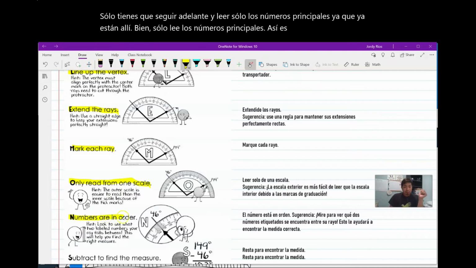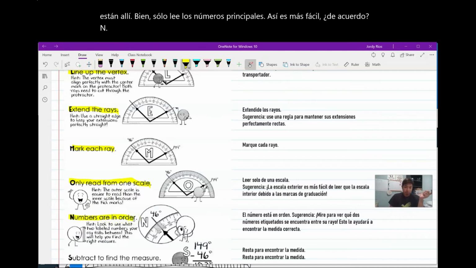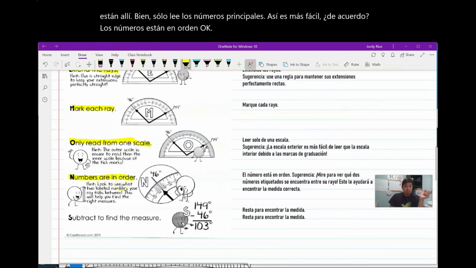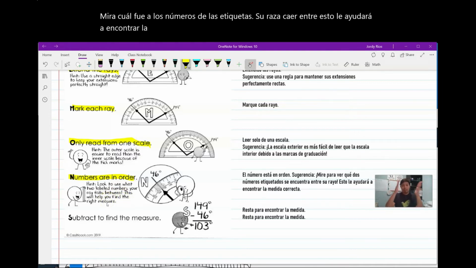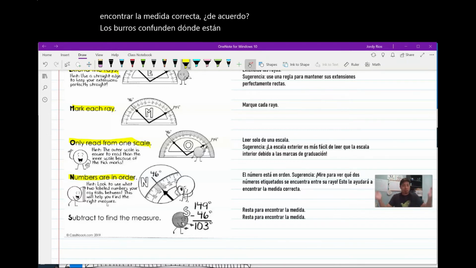N. Numbers are in order. Look to see which two labeled numbers your rays fall between. This will help you find the right measure. Don't get confused where the numbers are. Numbers go in order as always.